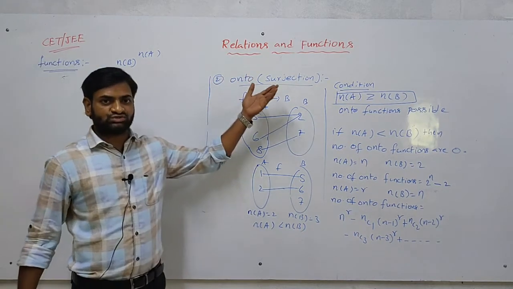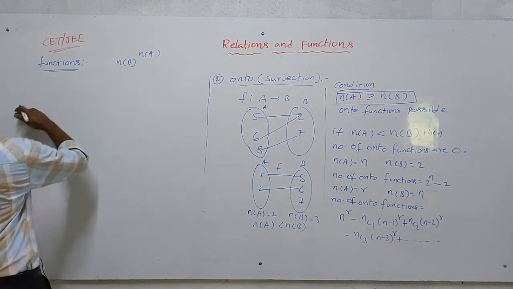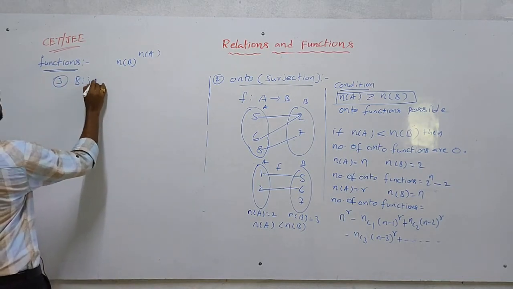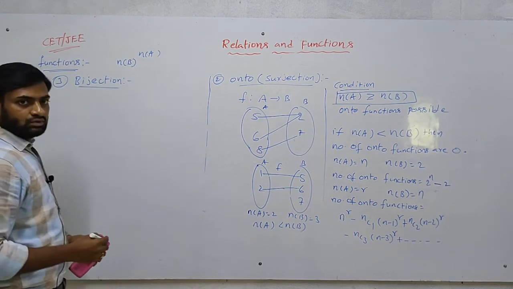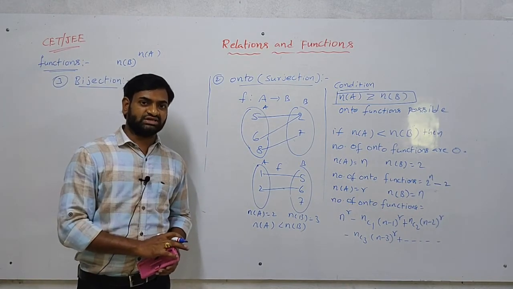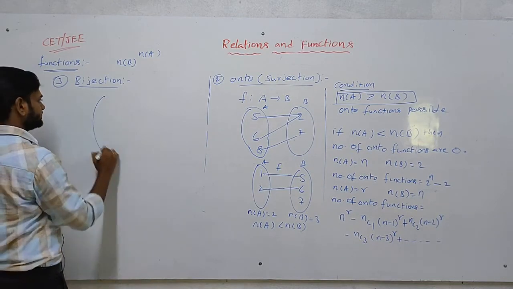When a function is both one-one and onto, it is called bijective or bijection. Now, what is the condition for bijection?